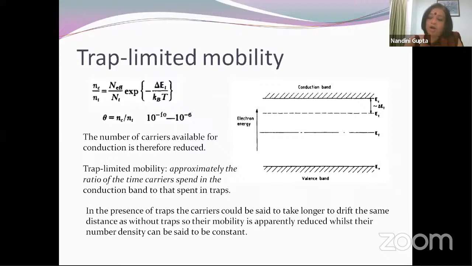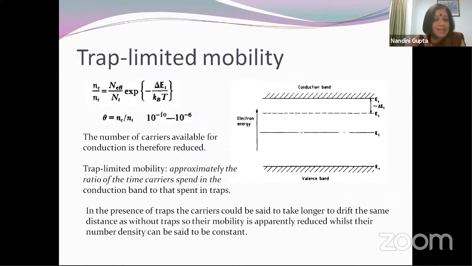So therefore, we are talking about a trap limited mobility, where the mobility is restricted by the presence of traps because the traps are removing some of the carriers. Let's say you start with NT, the total number of charge carriers. You will end up with NT as the number of trapped charges and NC as the number of mobile charges.